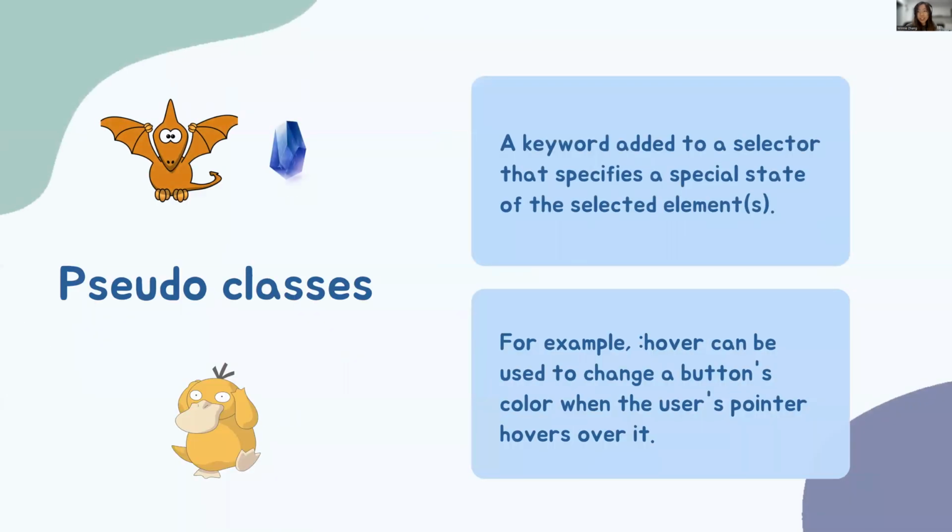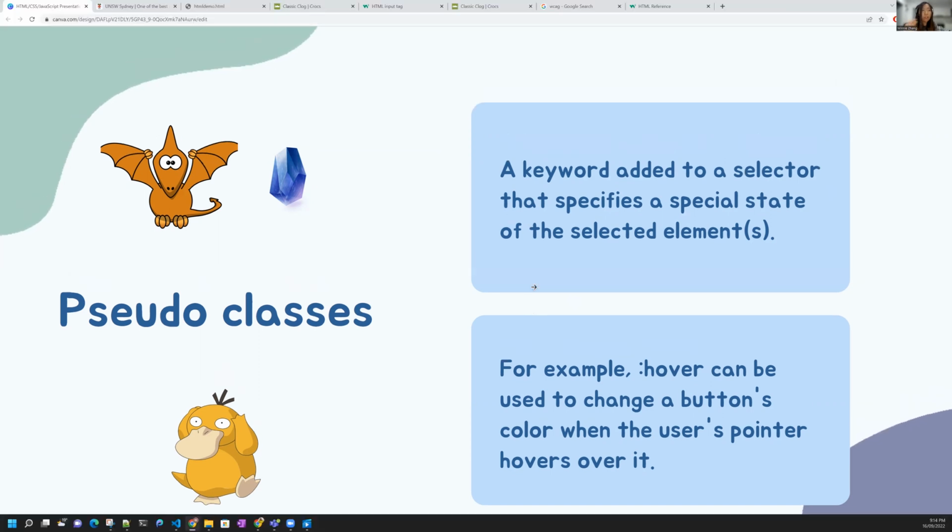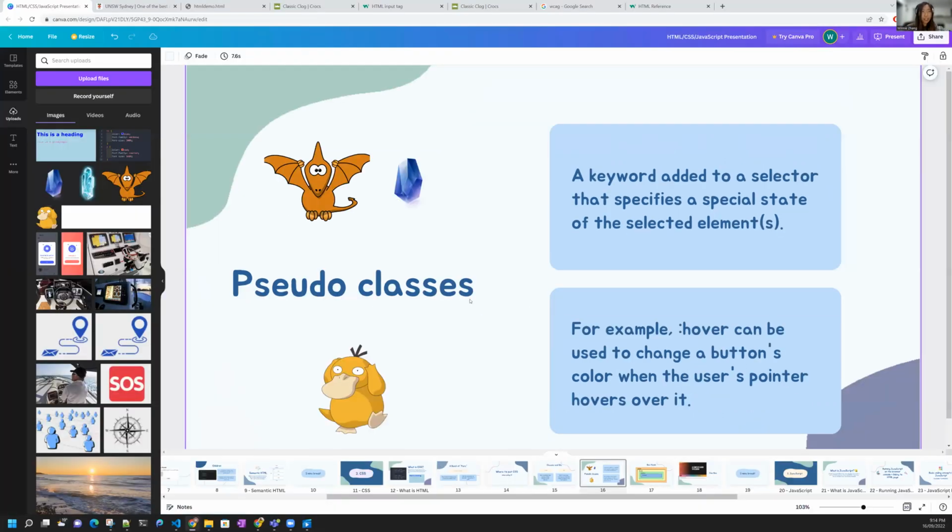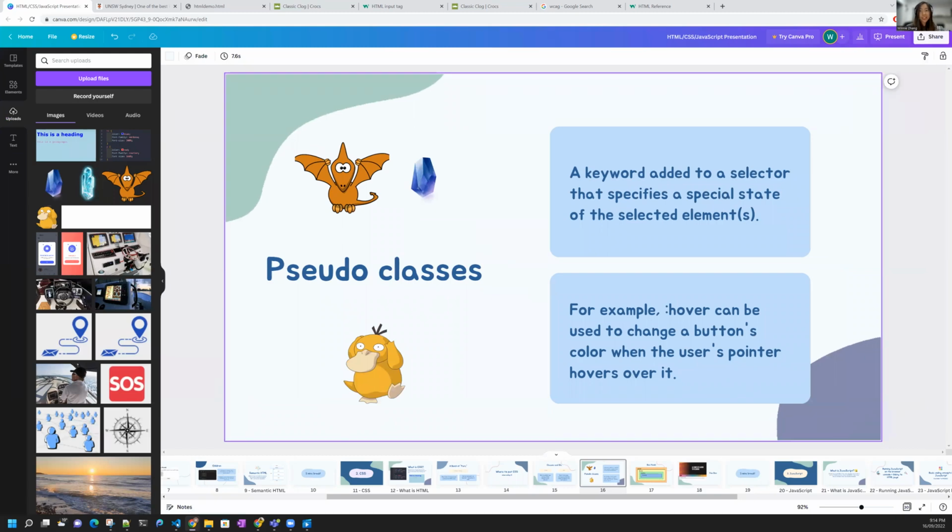Now, there's another cool thing in CSS called pseudoclasses. And this is a kind of suffix you can add to the end of a class, and it specifies the state of the thing you're styling. So it's best explained as an example, but let's look at it with what we call the hover effect, and that's a type of pseudo class.